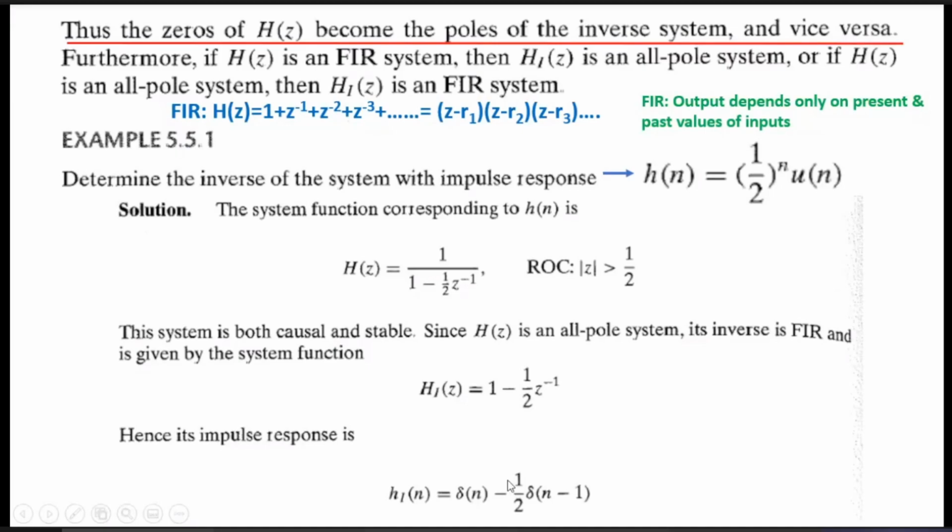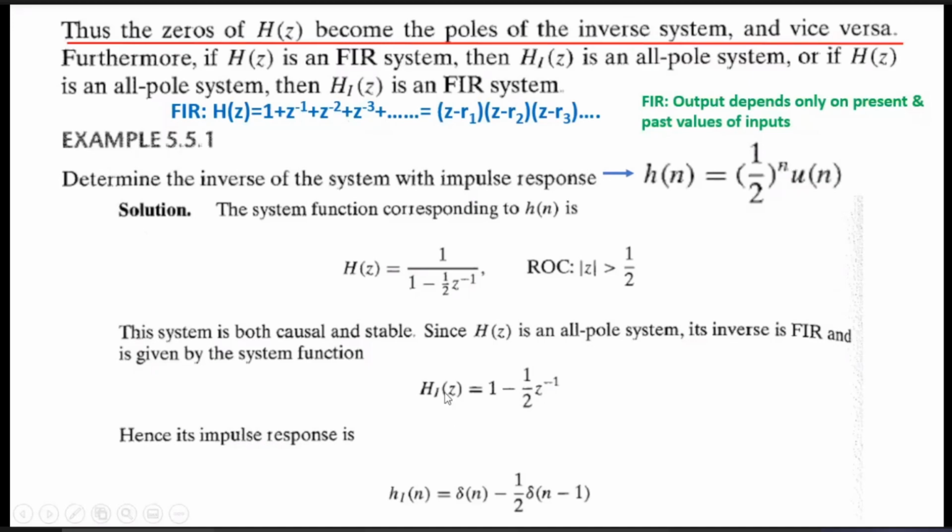Because impulse response is what? If you give the input as an impulse, then H(z) means Y(z) by X(z). So Y(z) is equal to 1 minus half z inverse into X(z). Now you take the inverse of that.